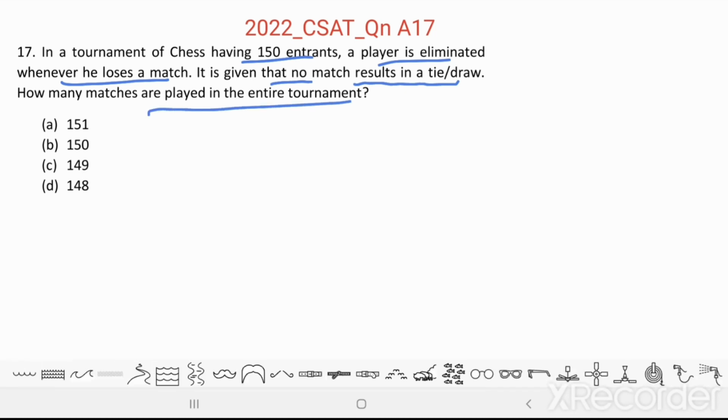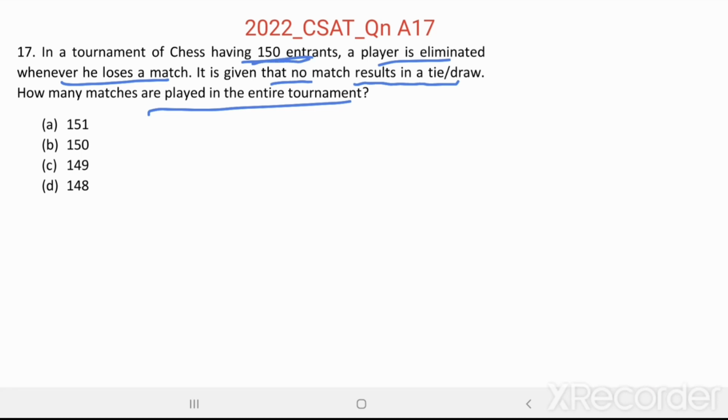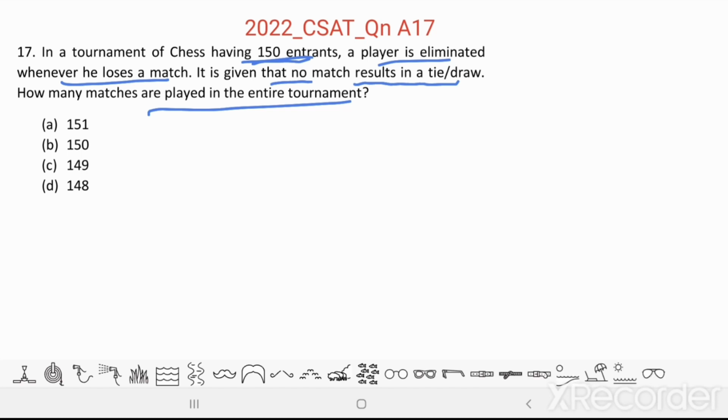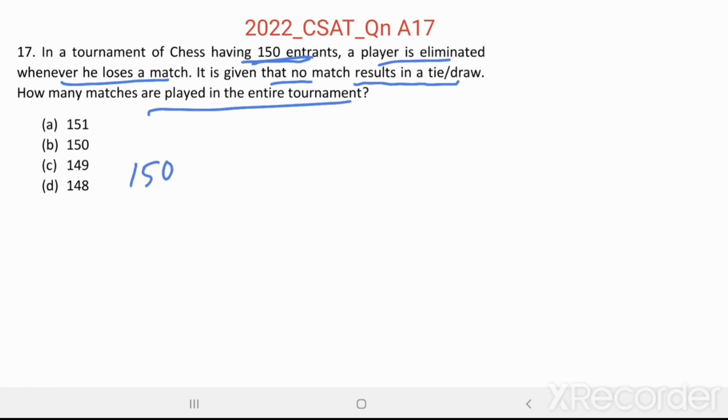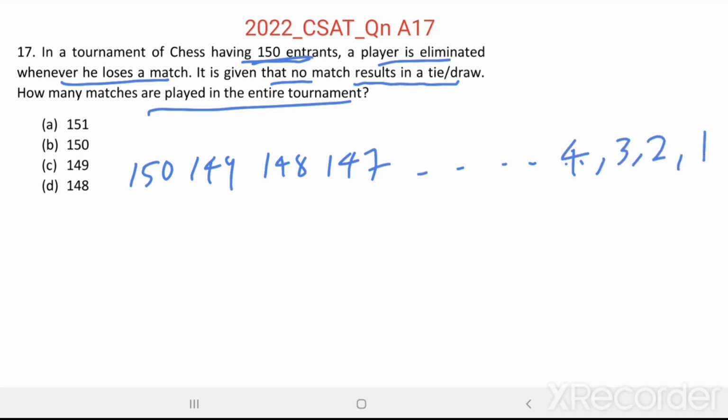Suppose the entire 150 entrants are ranked from 1 to 150. Then last seed will be 150, then 149, then 148, then 147, like this. 4th seed, 3rd seed, 2nd seed, 1st seed.